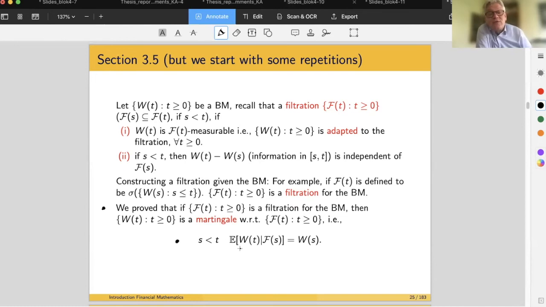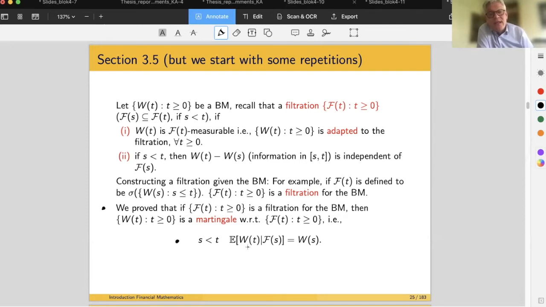We add and subtract Ws from Wt. One part is adapted to the filtration, it is Fs measurable, and the other part is independent of Fs. The part that is independent of Fs is just a regular expectation of the increment, which is equal to 0.